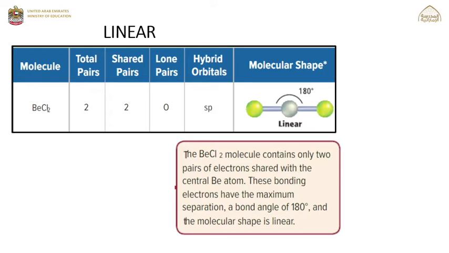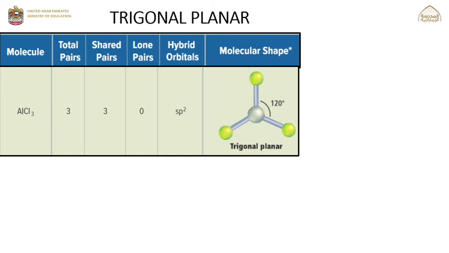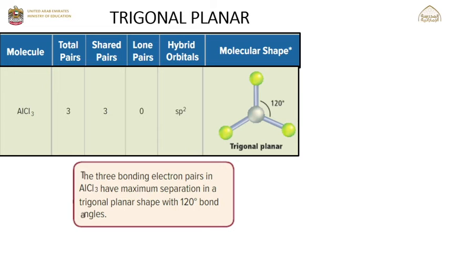It has no lone pairs, and it has two bonded pairs. For trigonal planar, a very good example is aluminum trichloride. The three bonding electron pairs of aluminum trichloride have a maximum separation in the trigonal planar shape with 120 degree bond angles. It has sp2 hybrid orbitals, 0 lone pairs, and 3 bonded pairs.